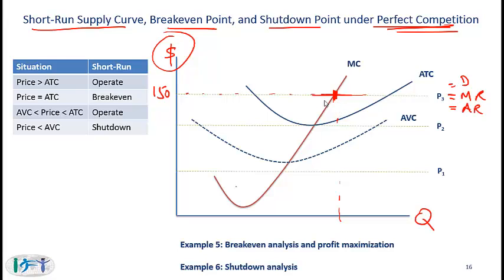If the price comes down to say this level, the firm is still happy because the average revenue is still greater than the average total cost, so money is being made. At this point, the firm breaks even. Why?